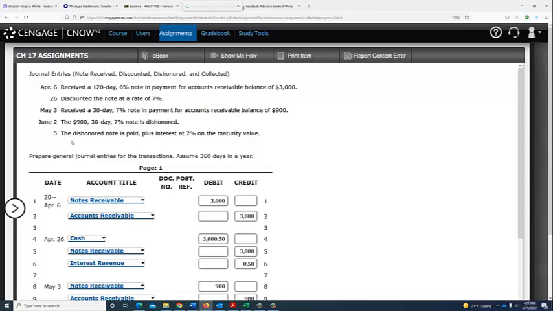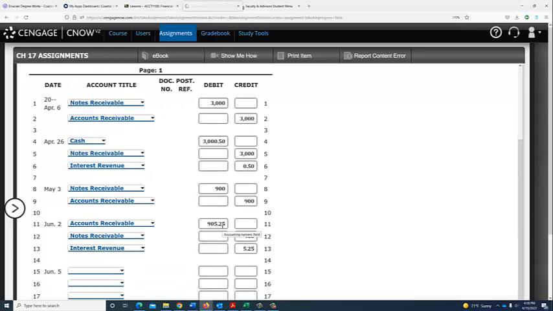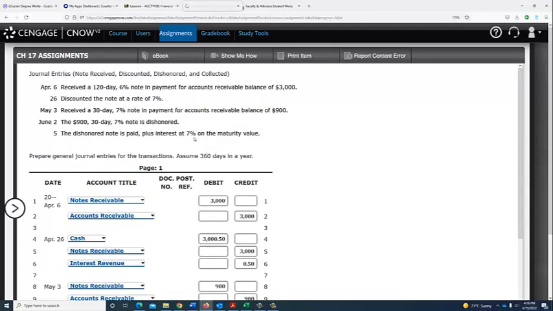Now on the 5th, the dishonored note is paid plus 7% interest on the maturity value. Okay, so let's figure out how many days we're going to get interest on this June 2nd note. So from June 2nd to the 5th is 3 days. So we will earn $905.25 at 7% for 3 days.